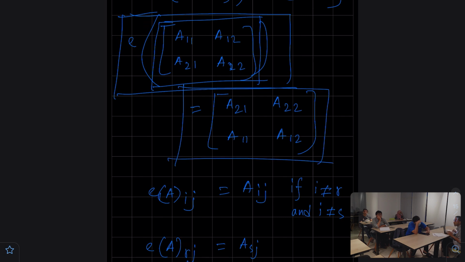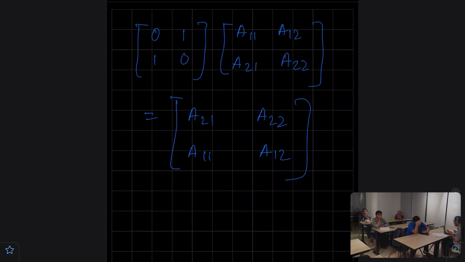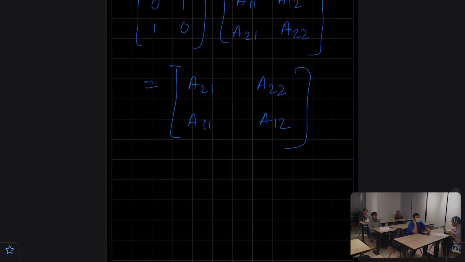This is also true if I take the third elementary row operation on the 2 cross 2 identity matrix and multiply it with the matrix A, I get the same result, right? So this is one example.